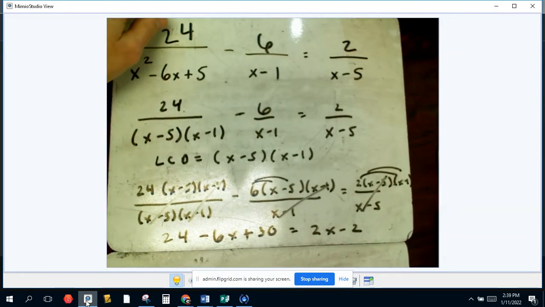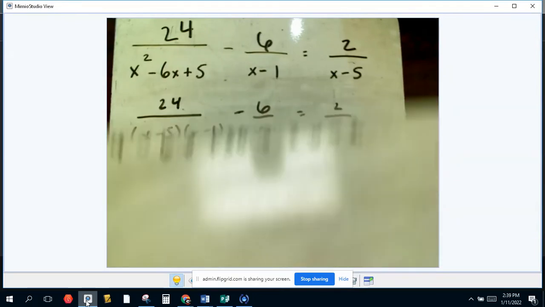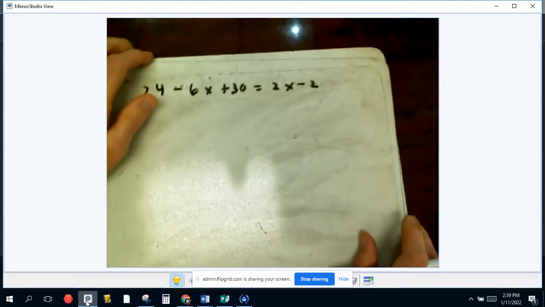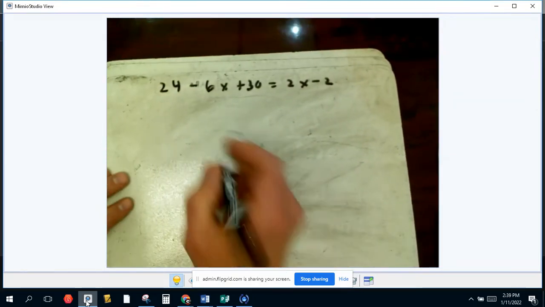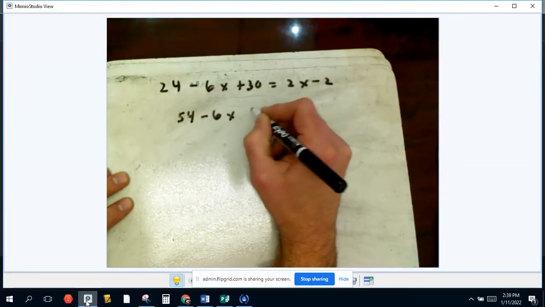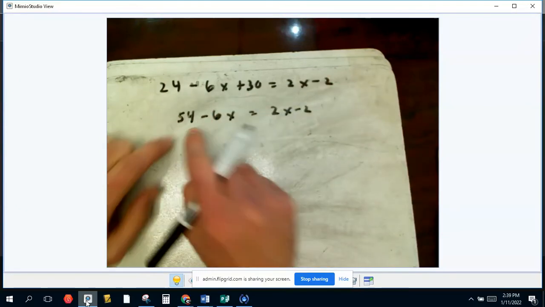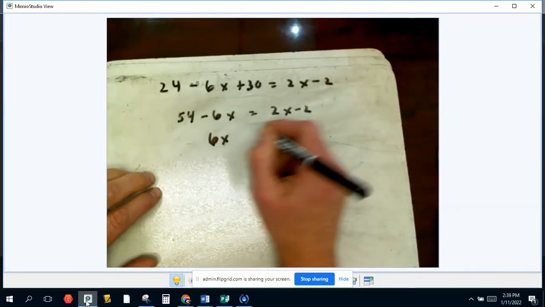Okay, so let's do that. So there's that equation. All right, so we'll combine like terms. 24 and 30 become 54. Get x to one side.